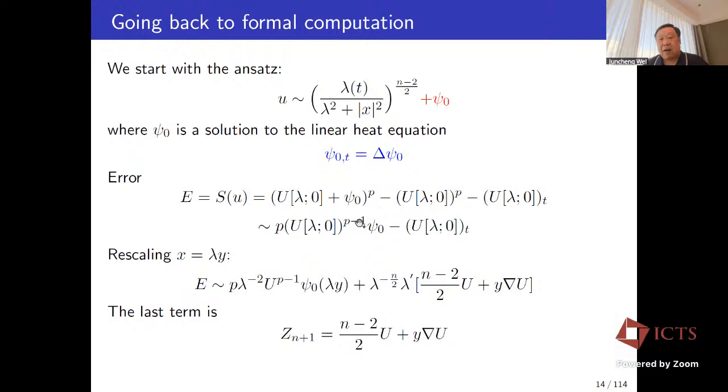This comes from the initial data, and this comes from the U_t. So if we rescale x equals lambda y, our error will be lambda to the minus 2 times u to the p, minus, here p is 3 and n equals 4. So we get this. And the last term is the scaling parameter.